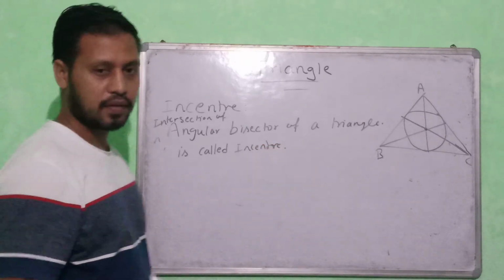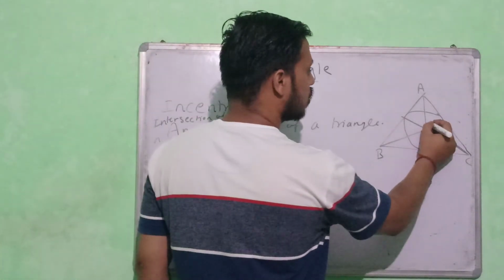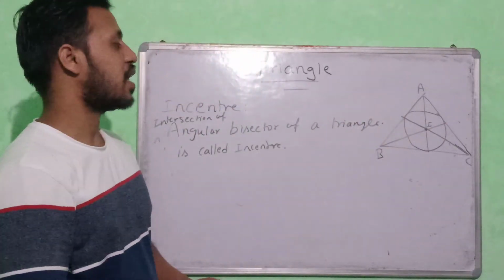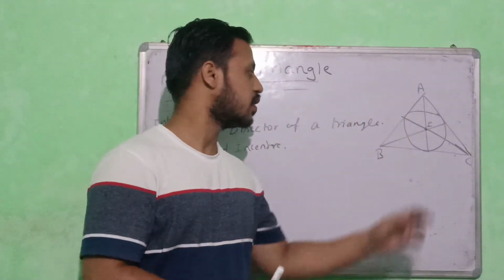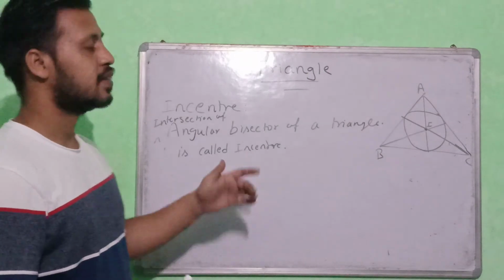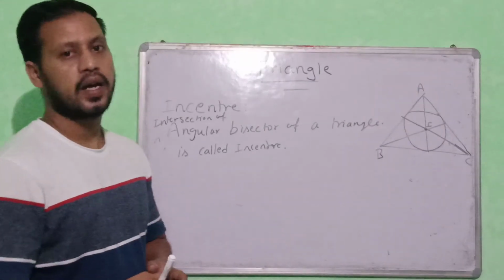Where the angular bisectors intersect each other, that point is called the incenter.